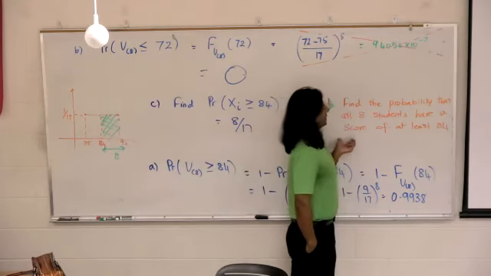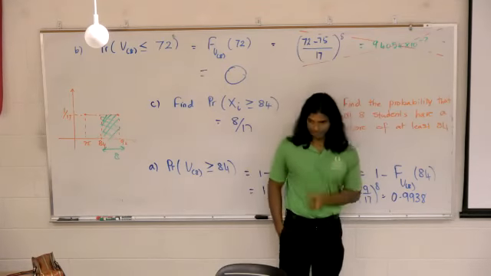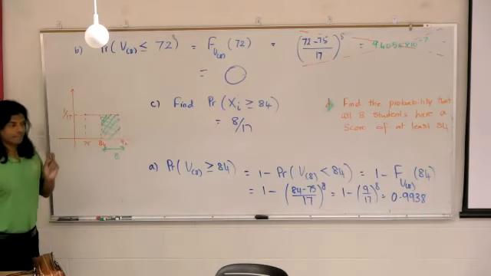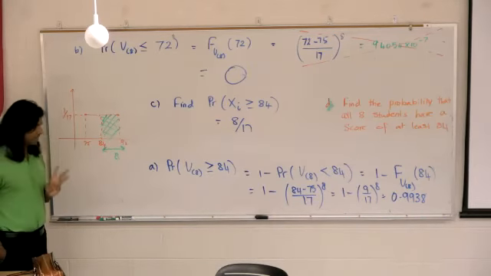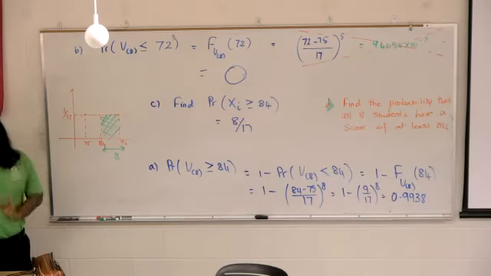If I want to find the probability that all 8 students have a score of at least 84, that means the first one has a score of at least 84, the second has a score of at least 84, the third as well, and so on.